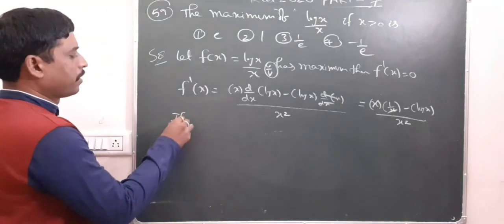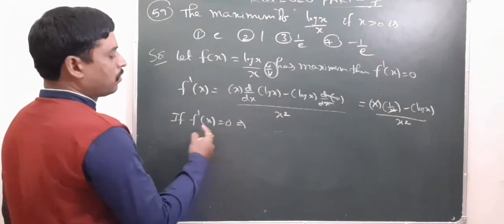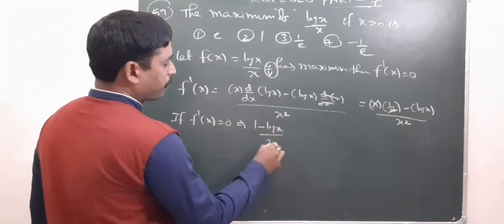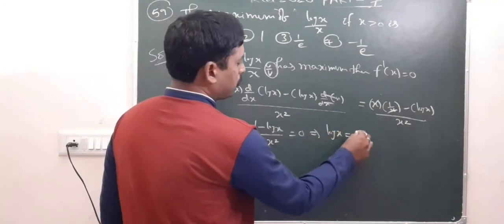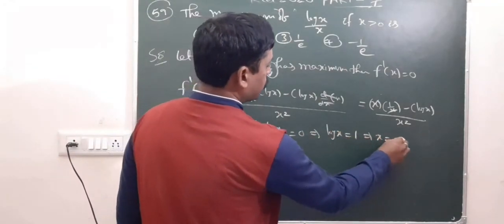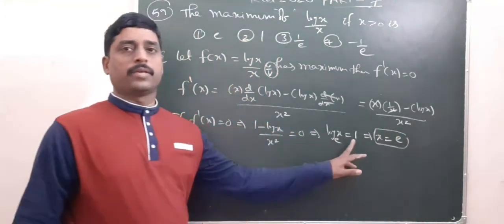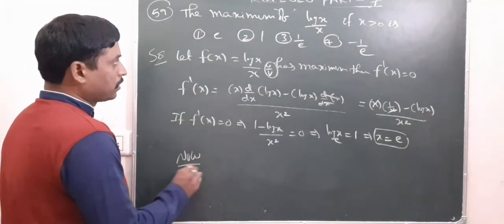Therefore, if f dash x is equal to 0, then find the x value. What is f dash x? We got 1 minus log x by x square. Therefore, log x is equal to 1. Log x base e is equal to 1, therefore x is equal to e. Now, what is our target?